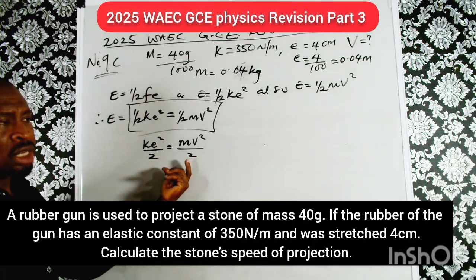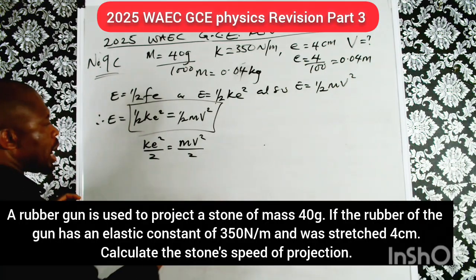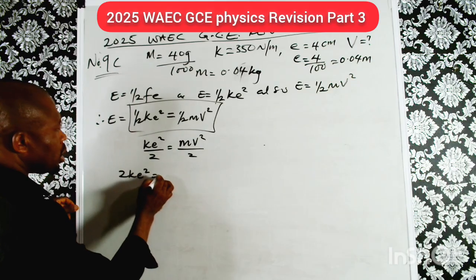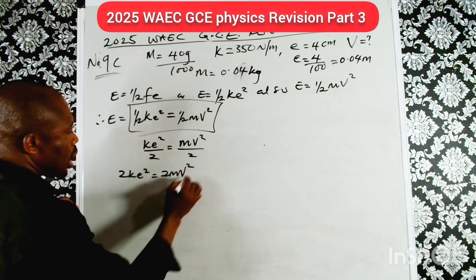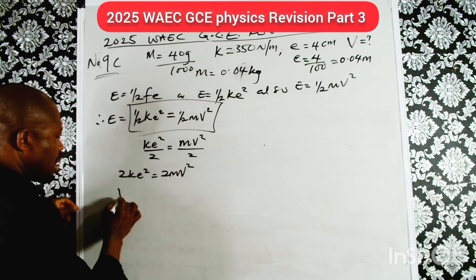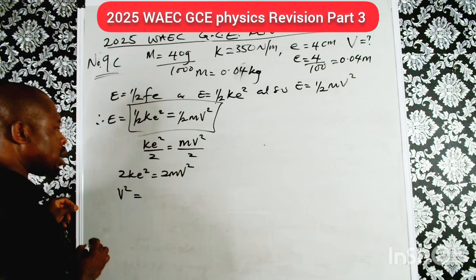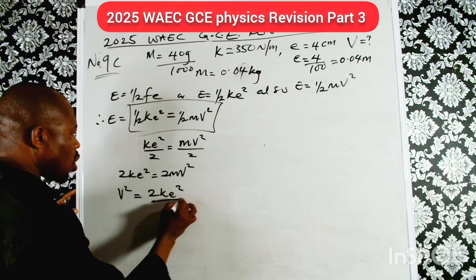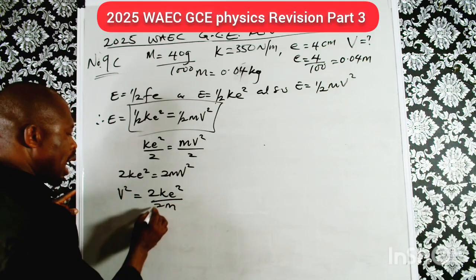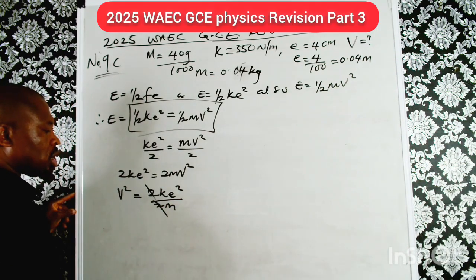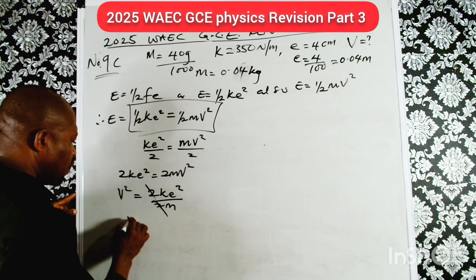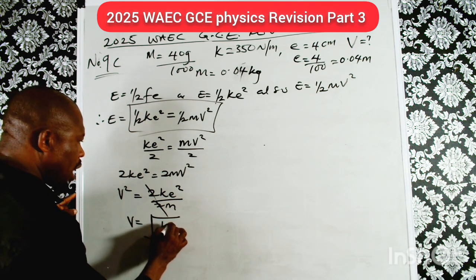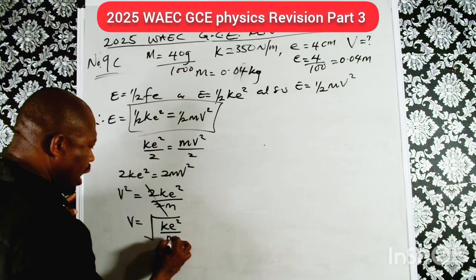If you cross multiply, you will have 2Ke squared is equal to 2mv squared. Make V squared the subject. V squared will give us 2Ke squared all over 2m. And of course, the 2s cancel. We will now have that V is equal to the square root of Ke squared all over m.